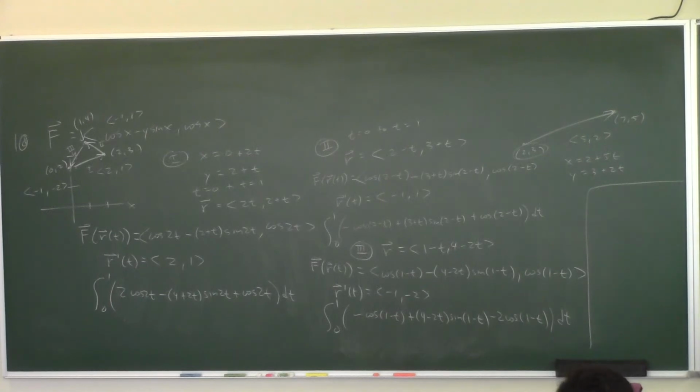What's cosine of 1? Okay, you want me to give you an approximation? 1 radian is 57.3 degrees.